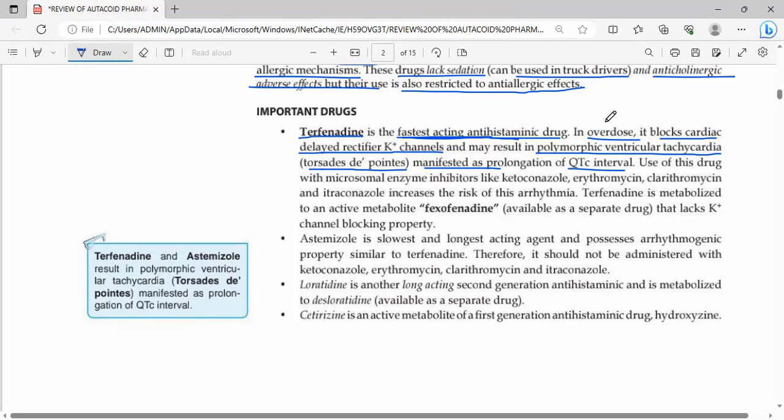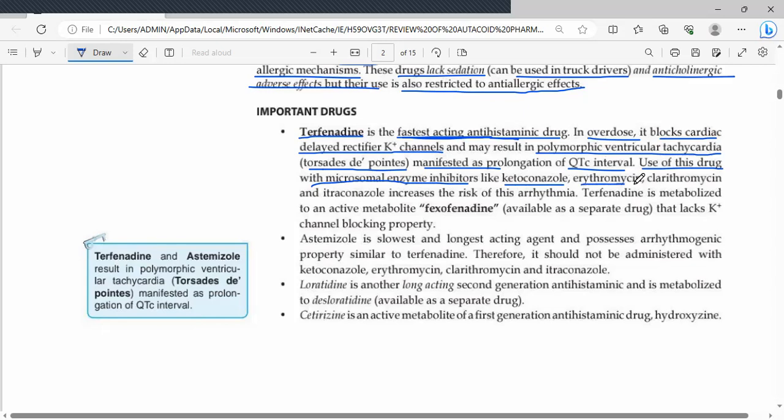Okay, so what is important is that concurrent use of this drug, terfenadine, with microsomal enzyme inhibitors such as ketoconazole, erythromycin, clarithromycin, and itraconazole usually increases the risk of this arrhythmia.